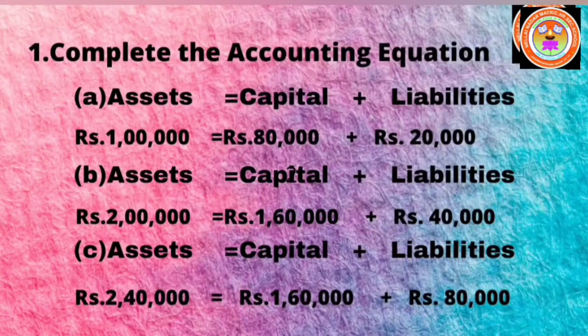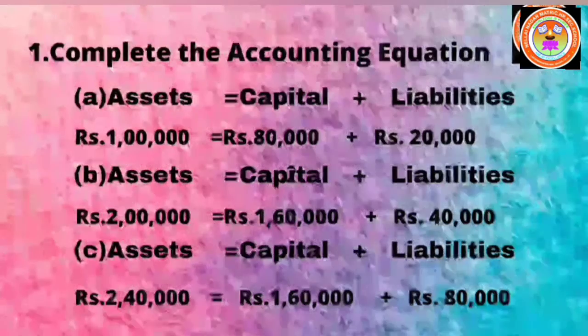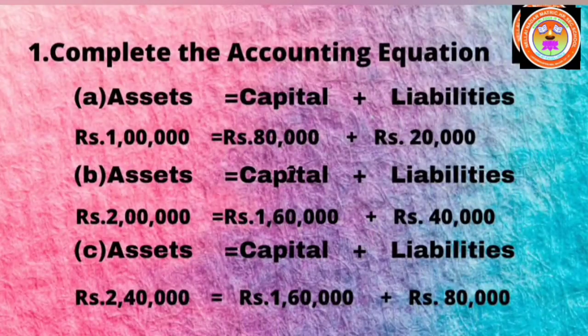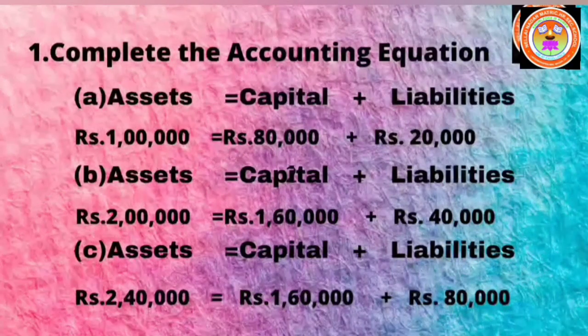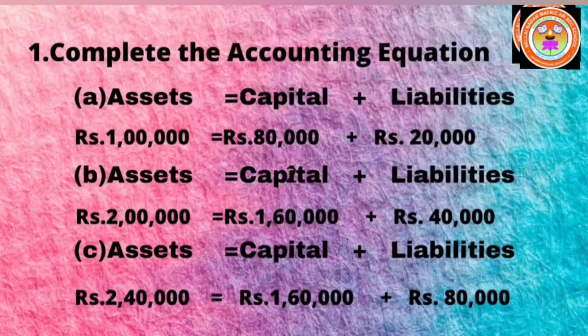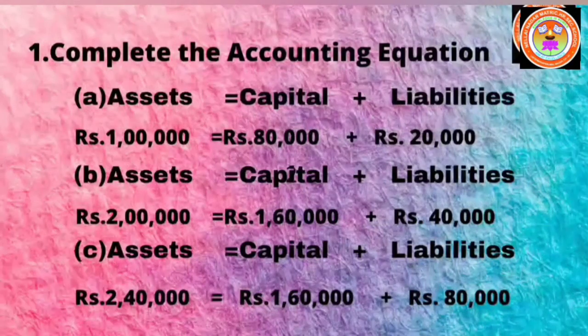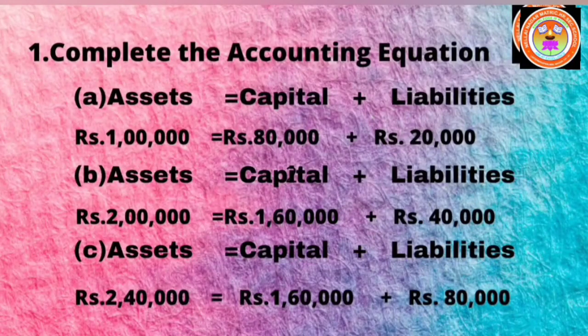So 2 lakhs minus 40,000 will give you 1,60,000. If you insert 1,60,000 under capital, it will give you 1,60,000 plus 40,000, total 2 lakhs, that is asset.